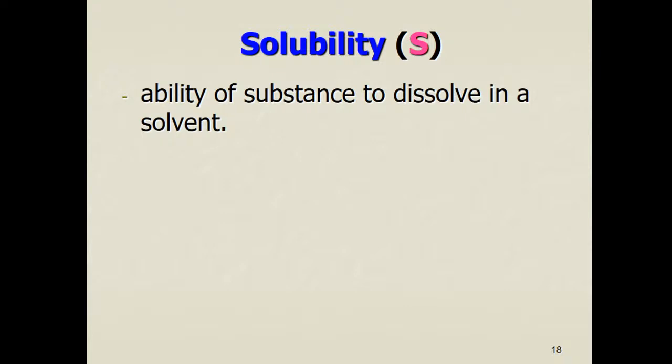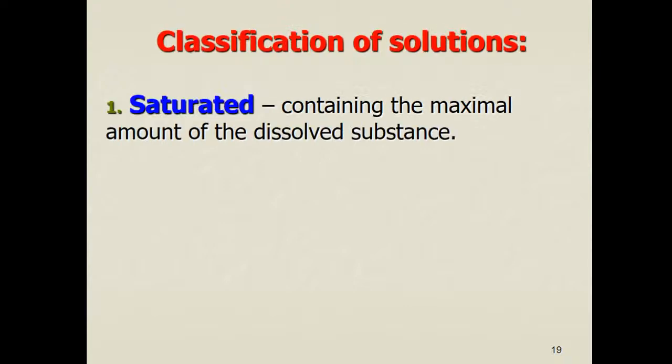So solubility is the ability of a substance to dissolve in a solvent. Some dissolve better, some dissolve worse, some are insoluble. Due to how much of the substance is dissolved, solutions can be classified into three types. The first is saturated. A saturated solution contains the maximum amount of dissolved substance.